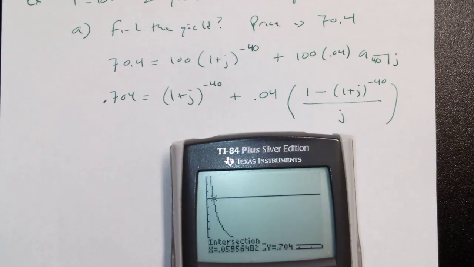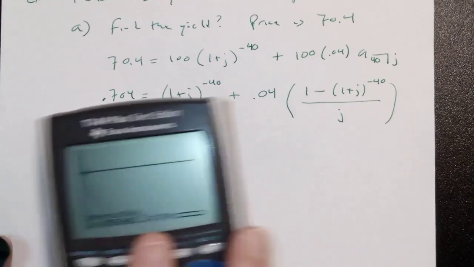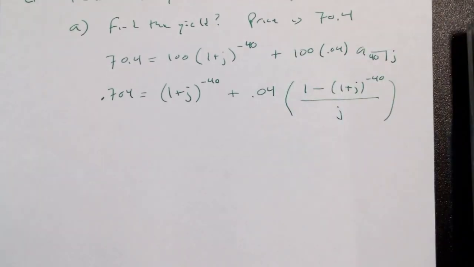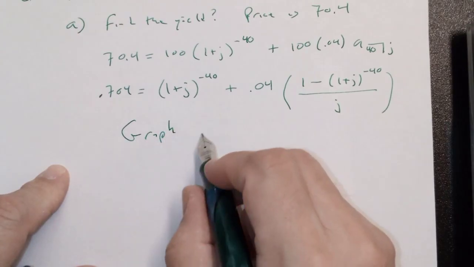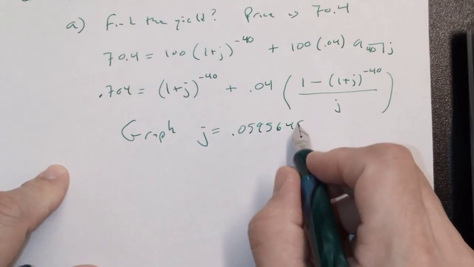There's j. 0.059. Yeah, that's a disgusting looking number. Graph. j equals 0.0595648.